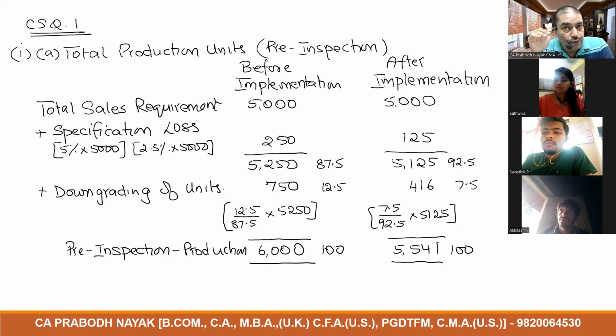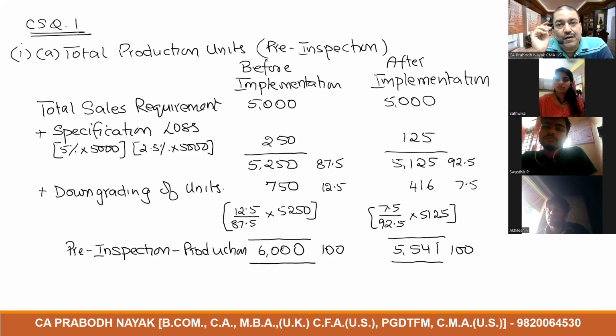So out of 6,000 units produced, I used to downgrade 750 units and have 5,250 units available for sale. Out of which I used to sell 5,000 units, 250 used to be returned, and I used to replace it with the additional 250 units produced.